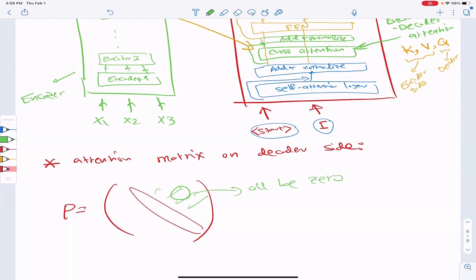So how can we do that? Just force them to be 0. Right? That's called masking. Make them 0, then normalize to make sure that the rows are probabilities. The way that is done, the similarity values are set to -infinity.